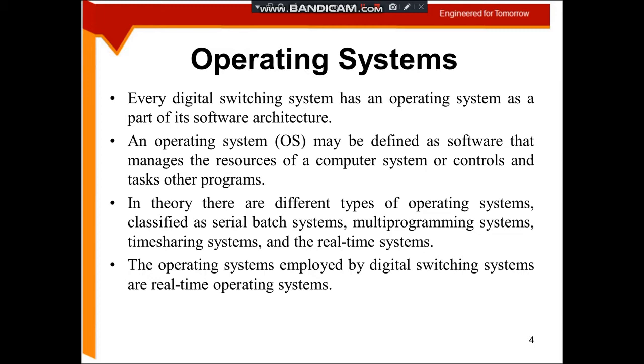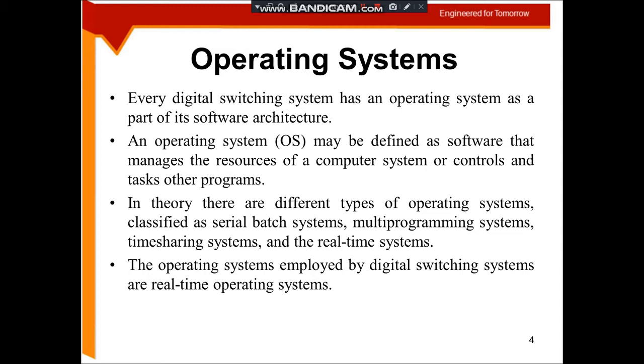In theory, there are different types of operating systems classified as serial, batch system, multi-programming system, time-sharing system, and real-time systems. The real-time system is one of the well-known operating systems which is widely used, which works in real time.